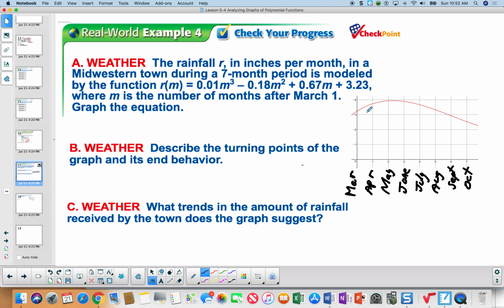Well, it looks like from March 1st, it'll be increasing the rainfall, and around between May and June, it'll reach its peak, and then it'll start decreasing after that in this 7-month period. What trends in the amount of rainfall received by the town does the graph suggest? Well, it suggests that it gets its most rainfall between May and June. So the rainy season is between April probably to June, where they get a lot of rain.